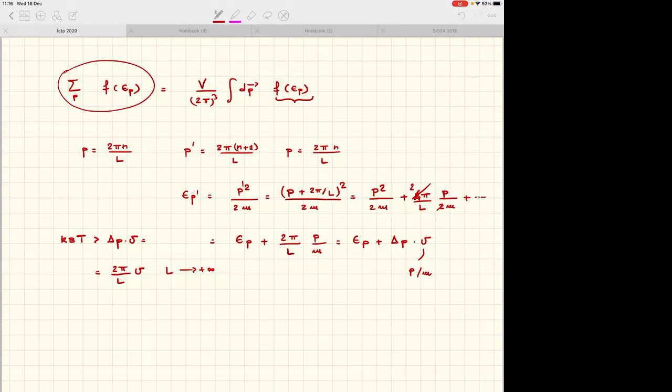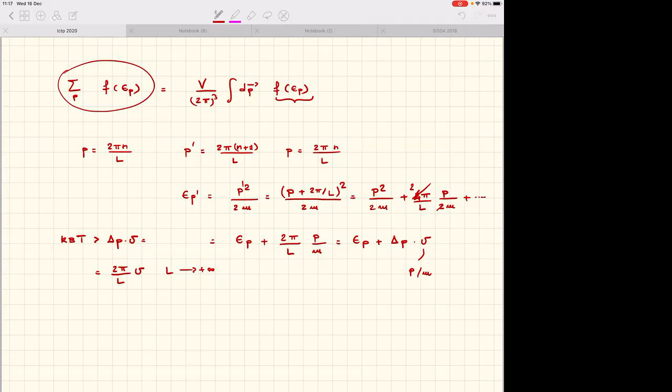Sorry, can you repeat the last sentence? When the system is in the thermodynamic limit, if you send L to infinity, the gap among subsequent levels in the spectrum of your free particle system is always much smaller than any other relevant energy scale, in particular kBT.